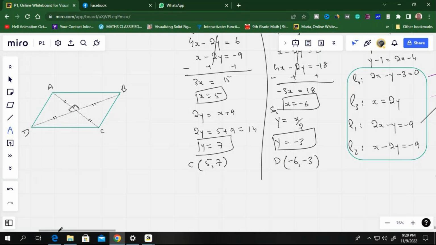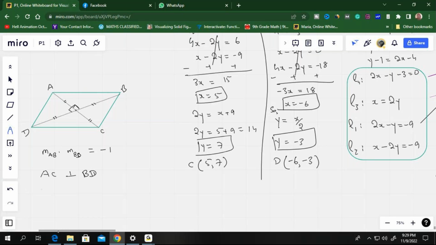Like that. So once you find out the slope of your AC and the slope of your BD, you multiply them and you will come to know that the product is -1, then you will say that AC is perpendicular to BD. One thing is done, and then you are going to find out the midpoint of AC and BD one by one.